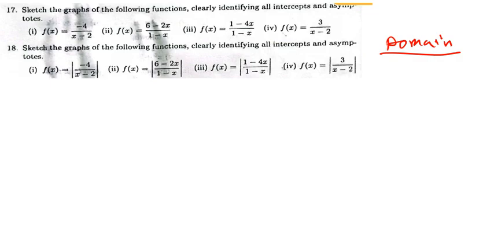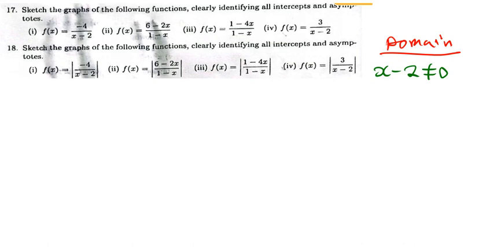For example, the first question which you have here is negative 4 over x minus 2. So you just get the denominator only, x minus 2, not equal to 0, because the denominator cannot be equal to 0. If it's 0, then it is undefined.